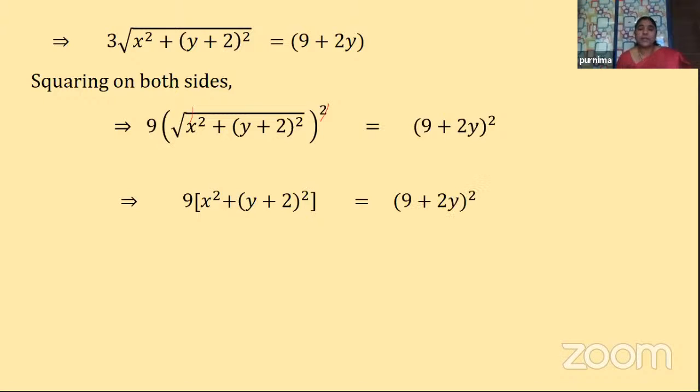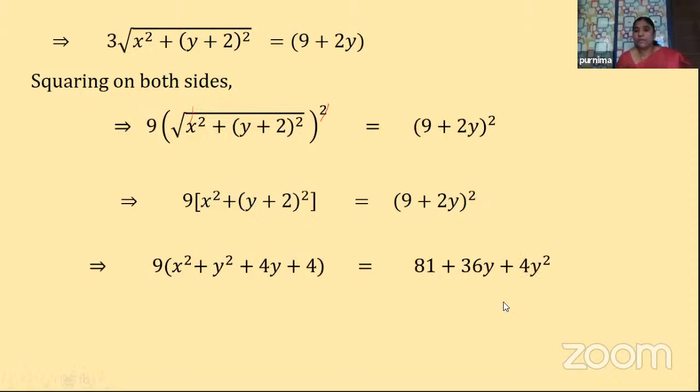Now let us expand along the (a plus b) whole square formula. 9 into x square plus y square plus 4y plus 4 is equal to 81 plus 36y plus 4y square. Why is it 36y? Because the 2ab term should be there. a square is 9 square, 81. 2ab is 2 2s are 4, 4 9s are 36 into y, that is 36y plus 4y square.